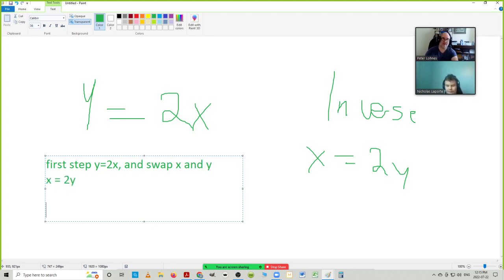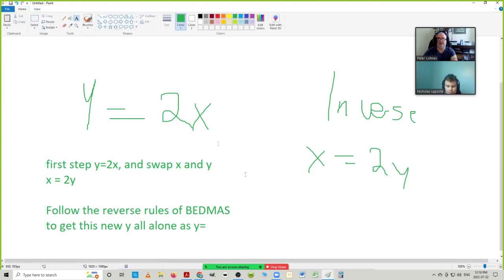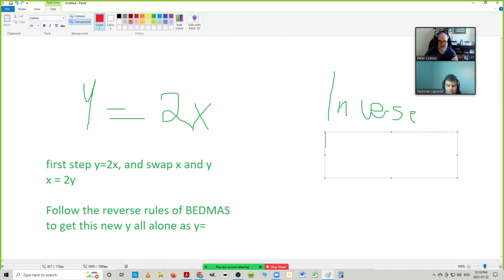The second step is to follow the reverse rules of BEDMAS to get this new y all alone, as y is equal to something. So if this is my new formula for my inverse, my new formula in red is x is equal to 2y.